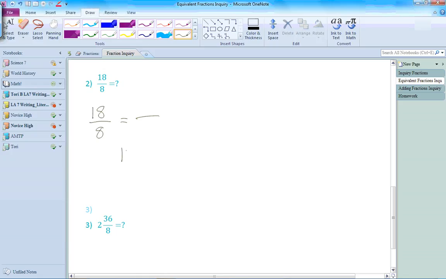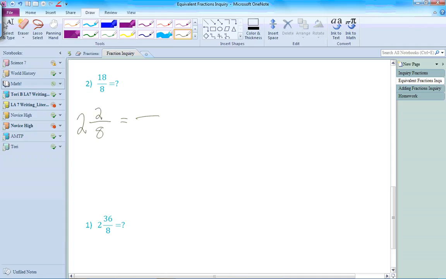So 8 goes into 18 one time, right? Or no, I'm wrong. 2 times. It goes 16, so 2. So it goes in 2 times. So we're going to have 2 and 2/8.